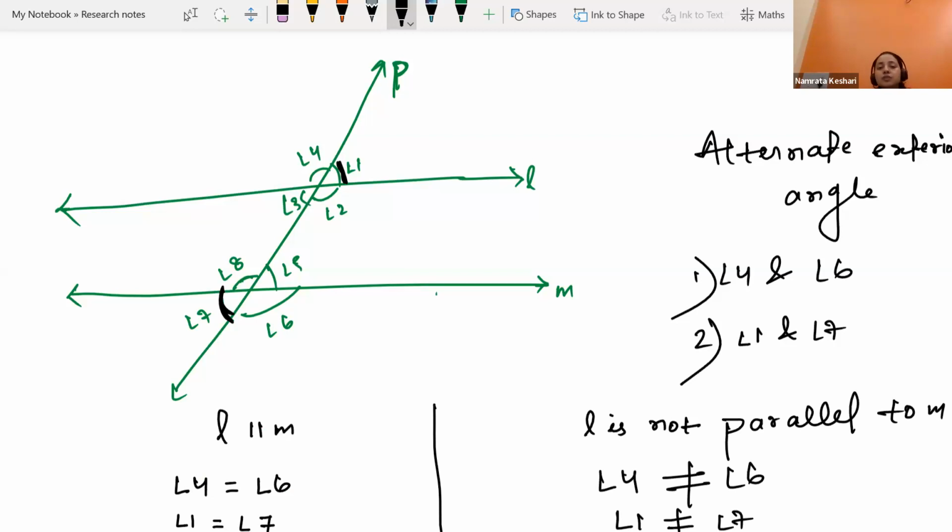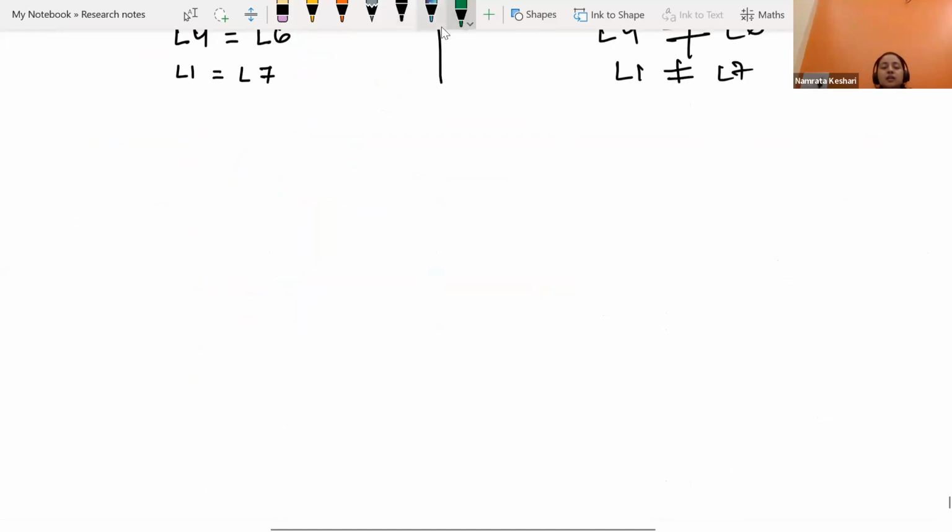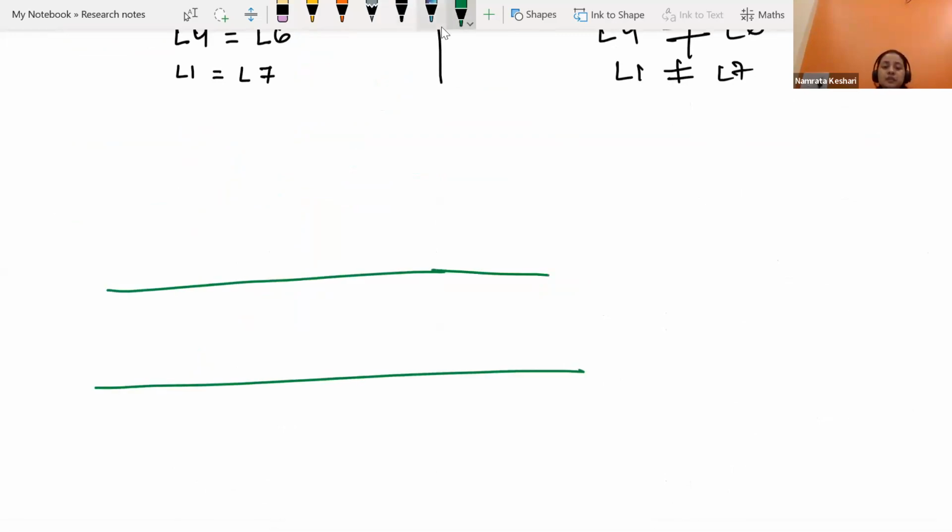Okay. So we discussed corresponding angles, alternate interior angles, and alternate exterior angles. Now let's discuss interior angles on the same side. When we are having two lines, we are not saying they are parallel, just two random lines.